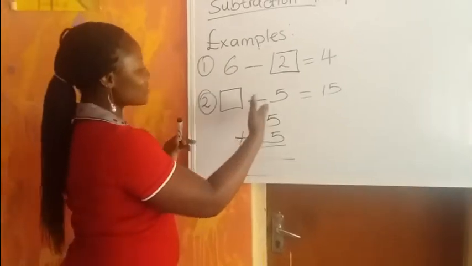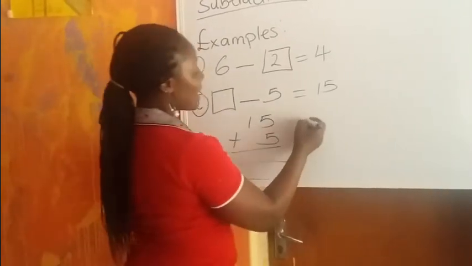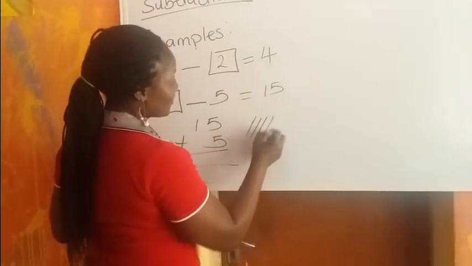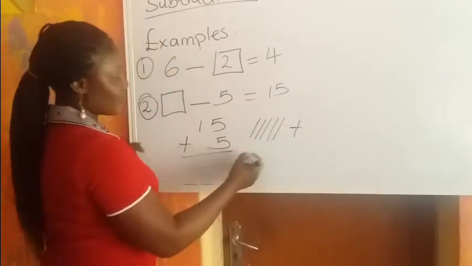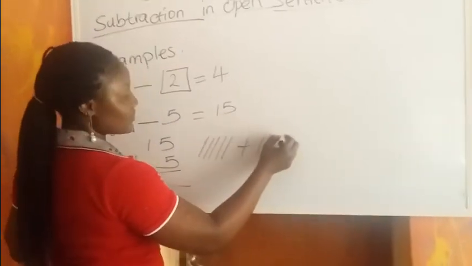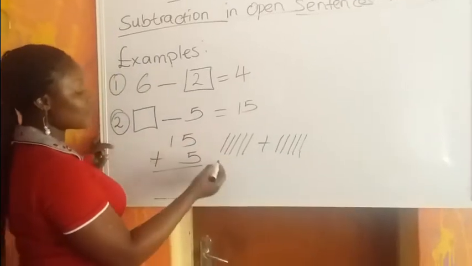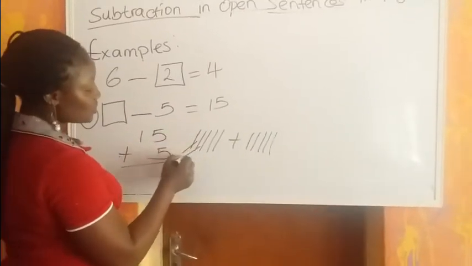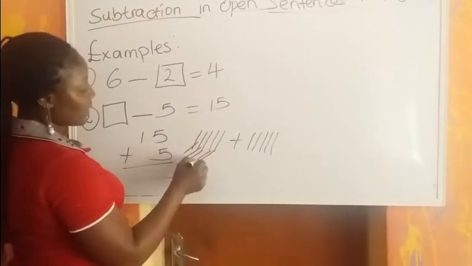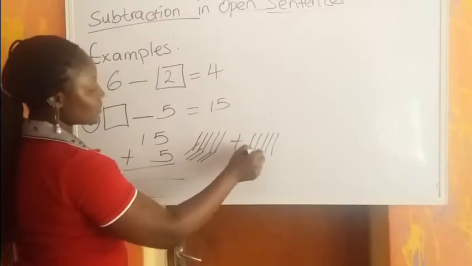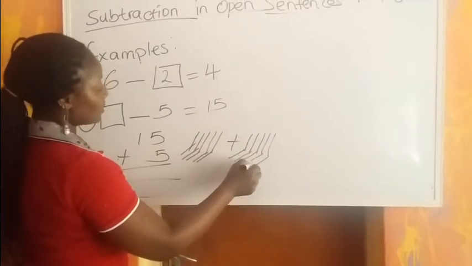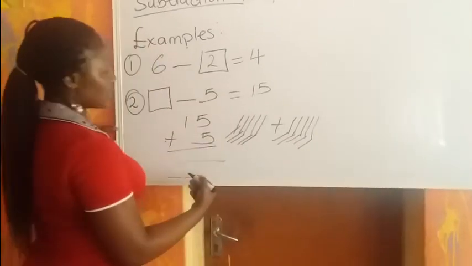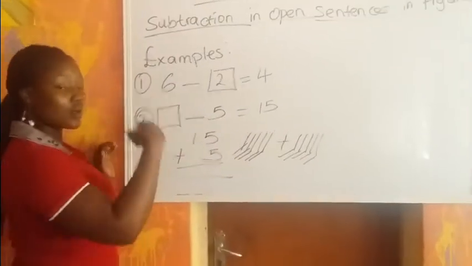So here we will still use our strokes. You count 1, 2, 3, 4, 5 plus another 5. 1, 2, 3, 4, 5. Let's add them together. 1, 2, 3, 4, 5, 6, 7, 8, 9, 10. So 5 plus 5 is 10, but we are not writing the whole 10.